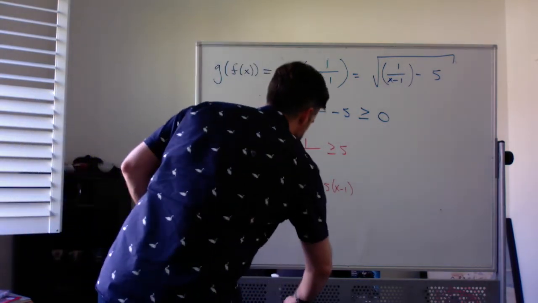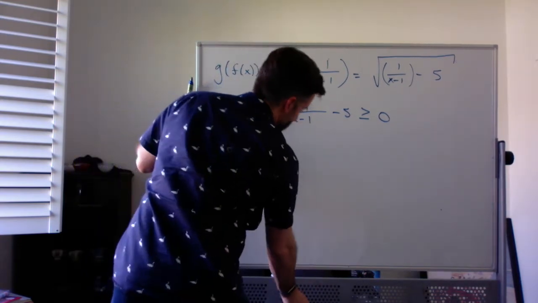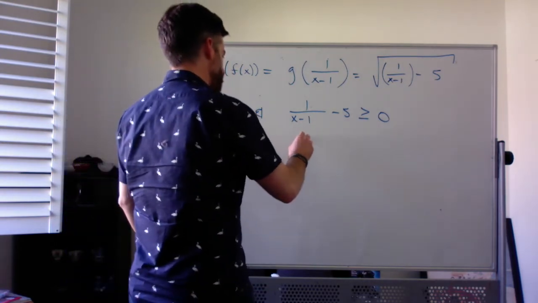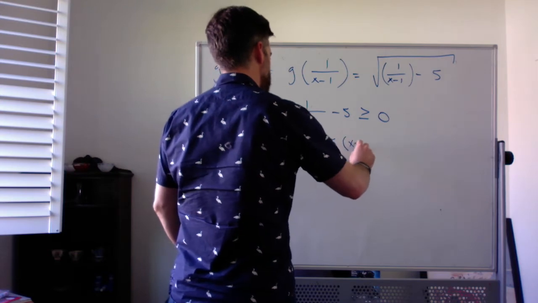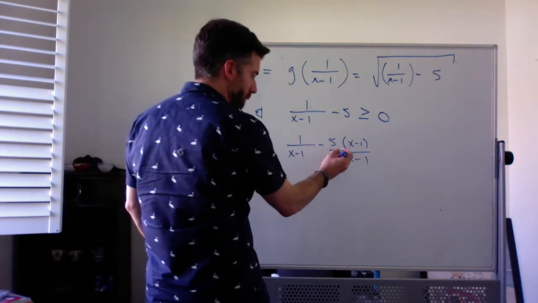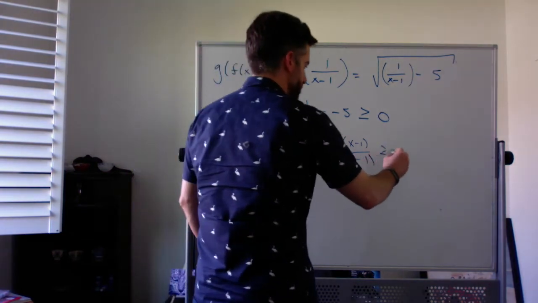It's much more straightforward to leave everything on one side and get a common denominator. So I'm going to rewrite this as 1 over x minus 1 minus 5 times x minus 1 over x minus 1. If you like, you can write this as 5 over 1 times x minus 1 over x minus 1 greater than or equal to 0.